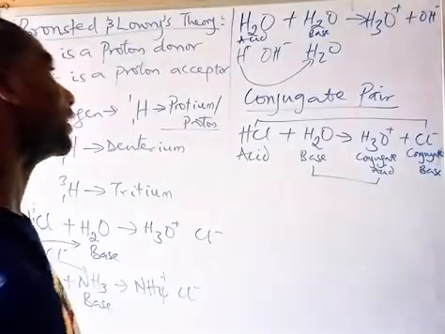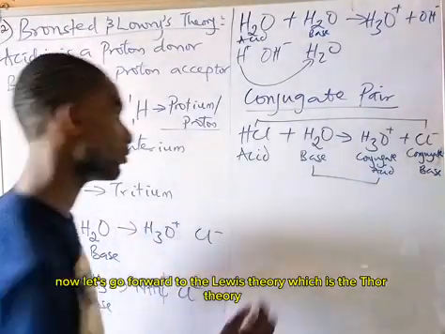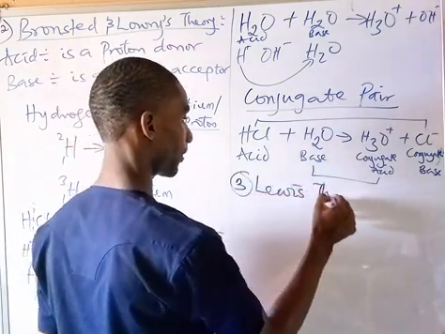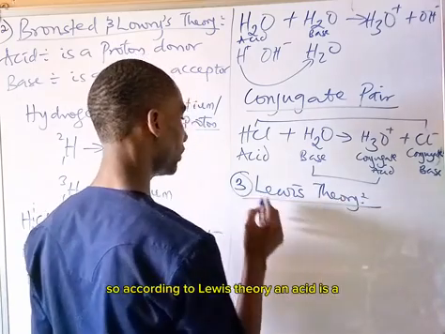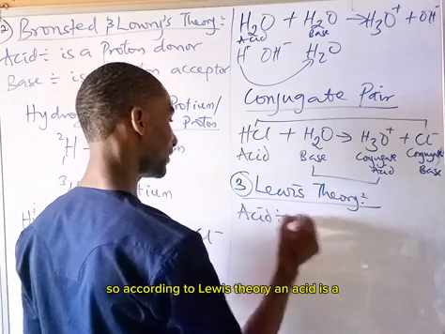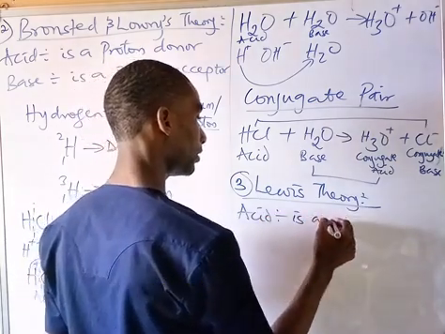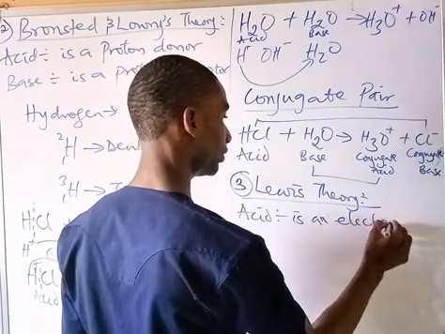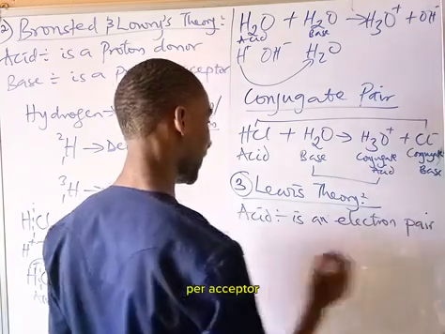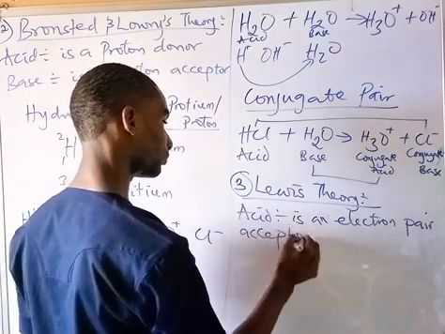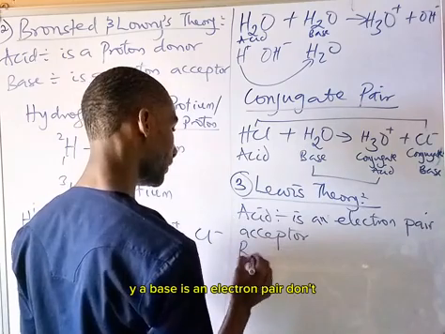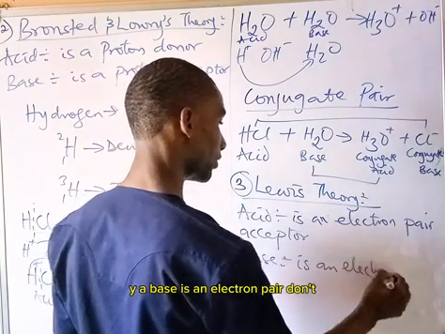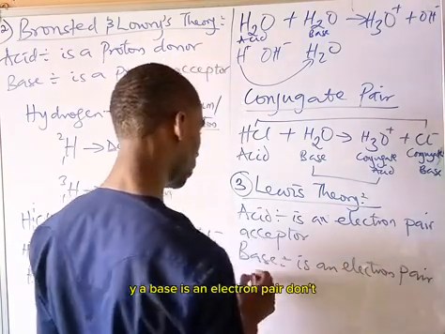Now let's go forward to the Lewis theory, which is the third theory. So according to Lewis theory, an acid is an electron pair acceptor, while a base is an electron pair donor.